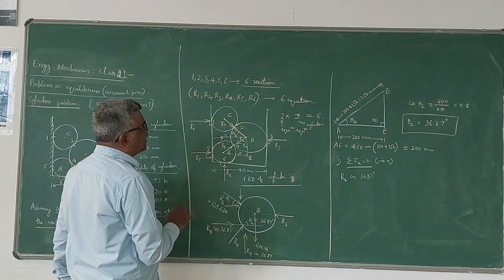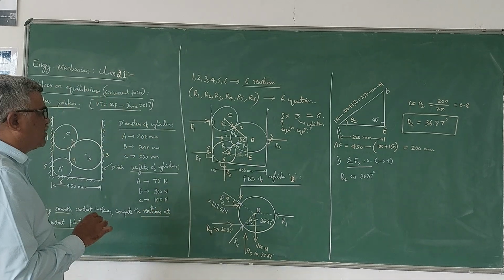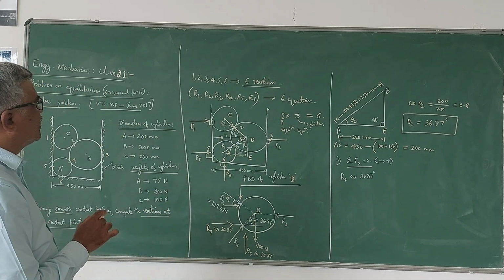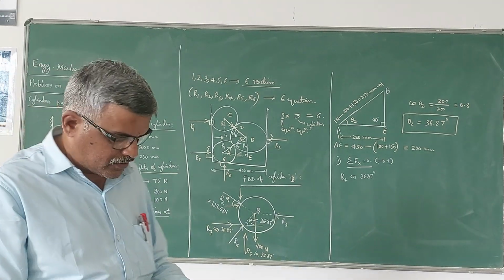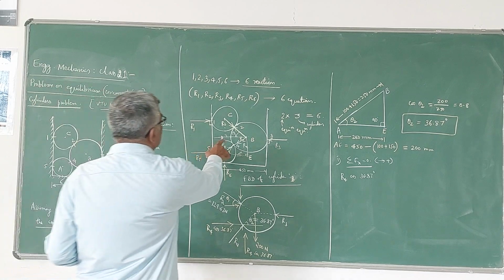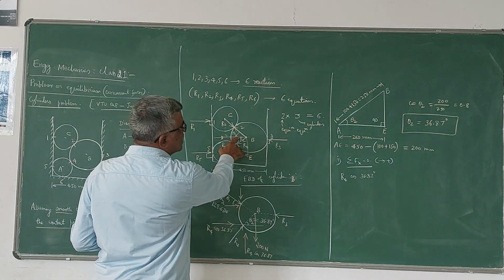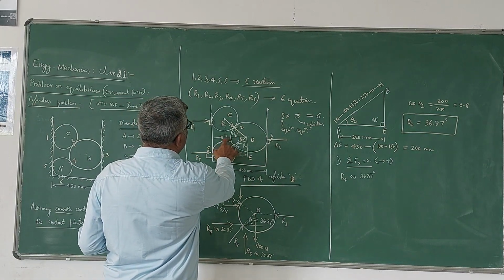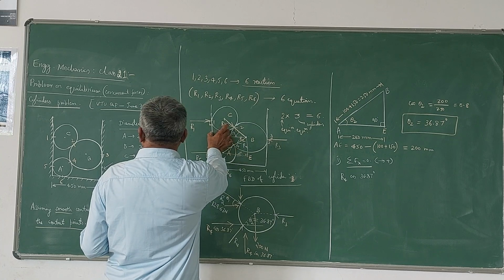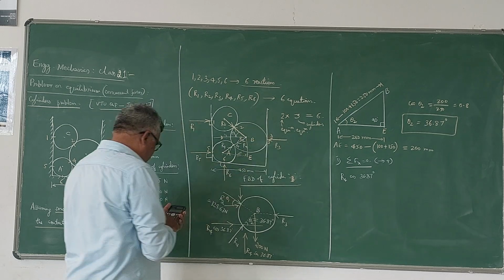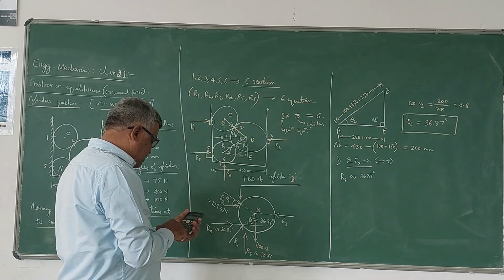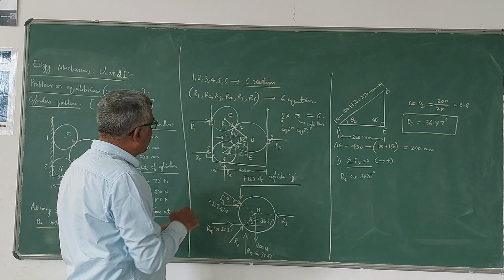The value of theta 1 we got: how much did you get? This is 125, this is 150, so 275. 450 minus 275, that is 175 we got.